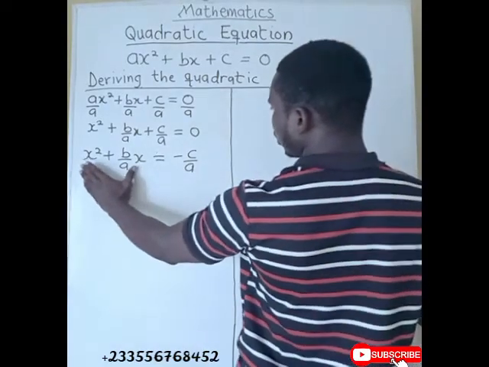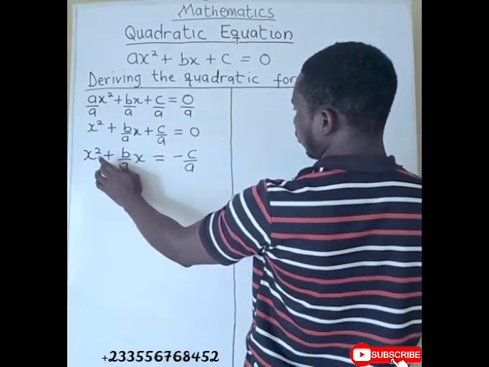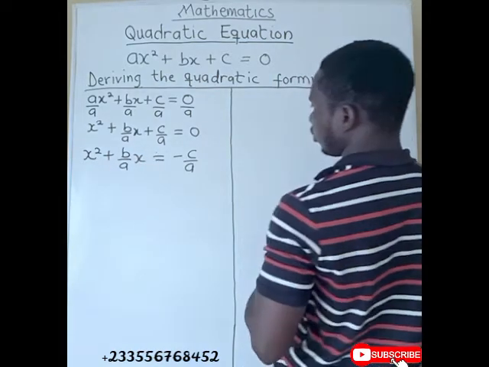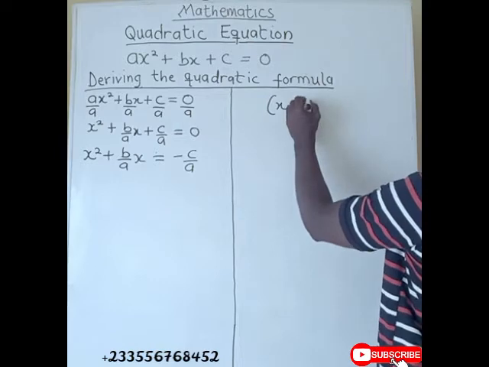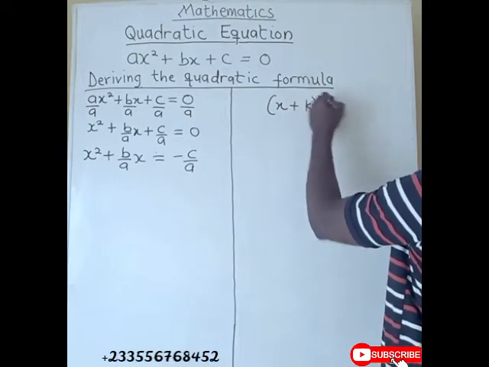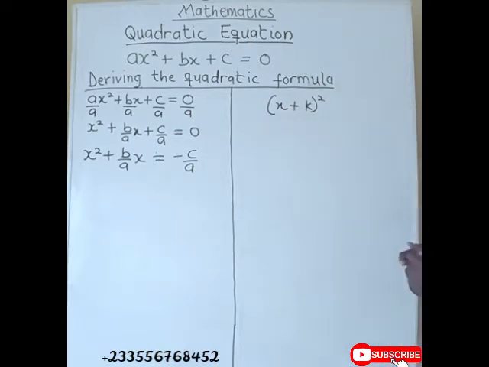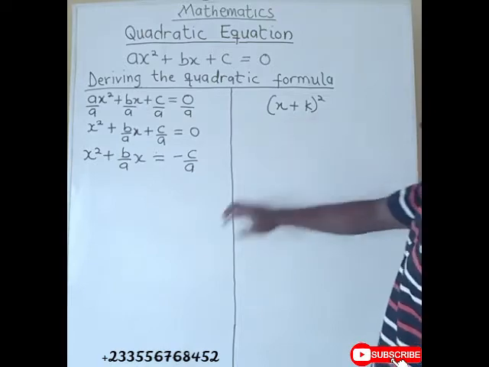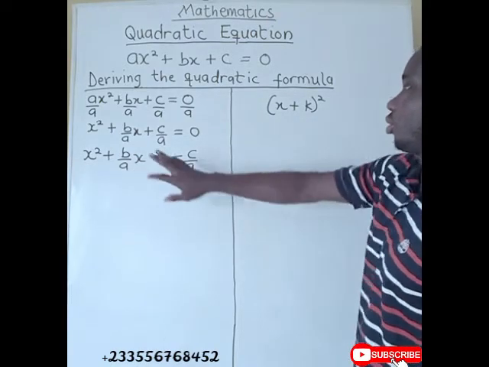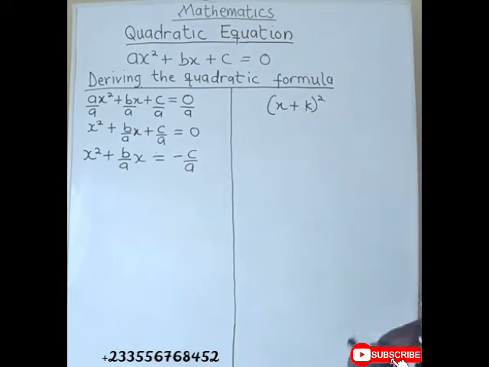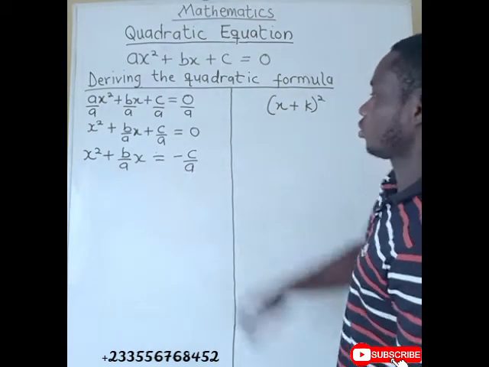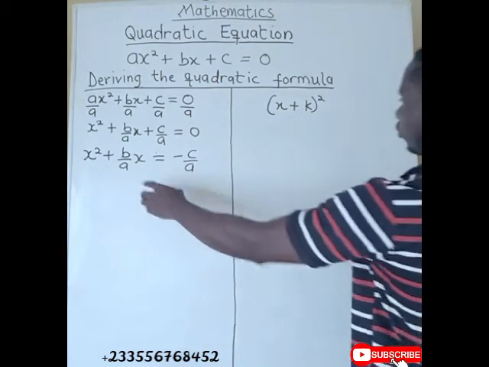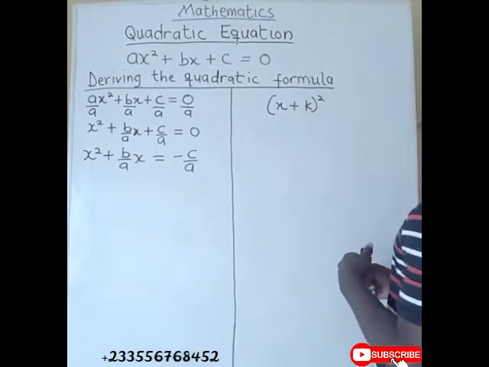Now we want to change this one, x squared plus b over a x, to the form (x plus k) squared. So the k is representing the variable of b that will be put here, or the coefficient of x that will give you this equation.